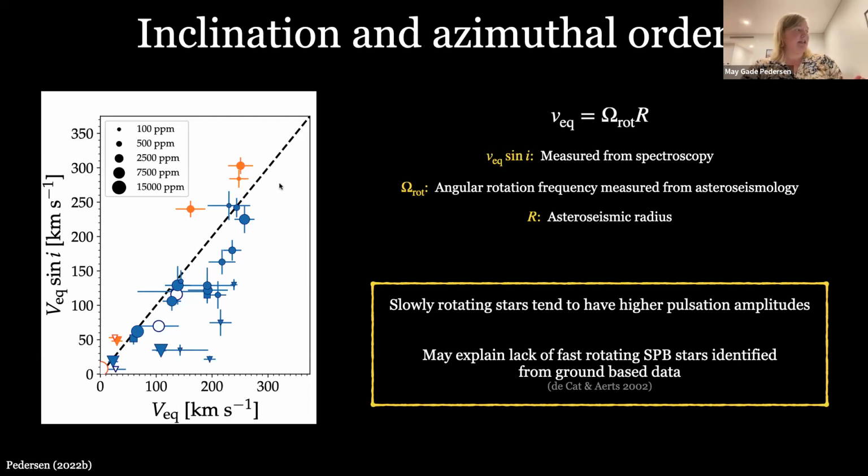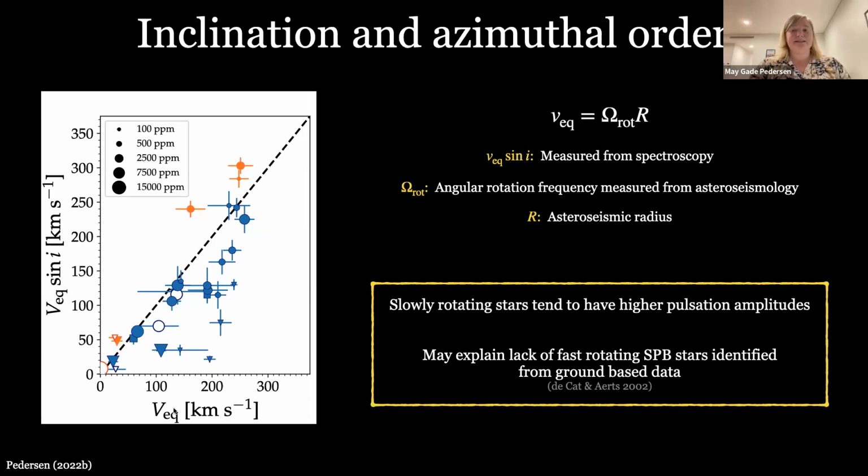And so what is seen here is a general trend that the slower rotating stars appear to have higher amplitudes. So that could explain why ground-based studies of slowly pulsating B-type stars tend to have found mainly these stars to be slowly rotating, as those stars would have been much easier to find from the ground compared to more rapidly rotating ones.